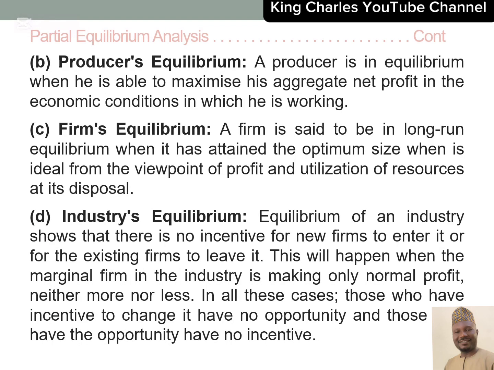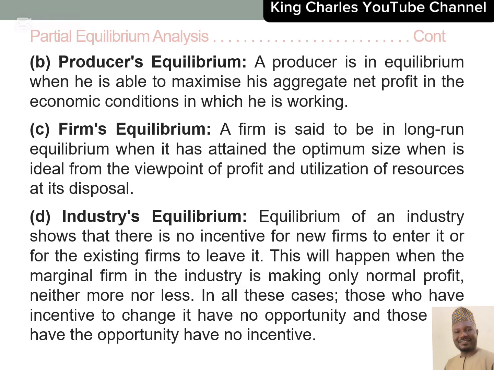Then we have a producer. A producer can also have an equilibrium position. A producer's equilibrium position is established when he is able to maximize his aggregate net profit in the economic condition in which he is working.